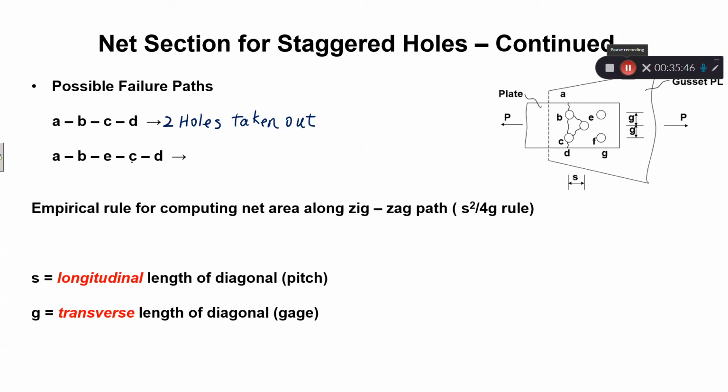Along A, B, E, C, D, the failure path is longer. The failure path being longer means you probably will have a larger AN, so it seems like it would be less critical. However, you have to notice that there are 3 holes taken out, so you have a longer failure path, but more holes taken out.